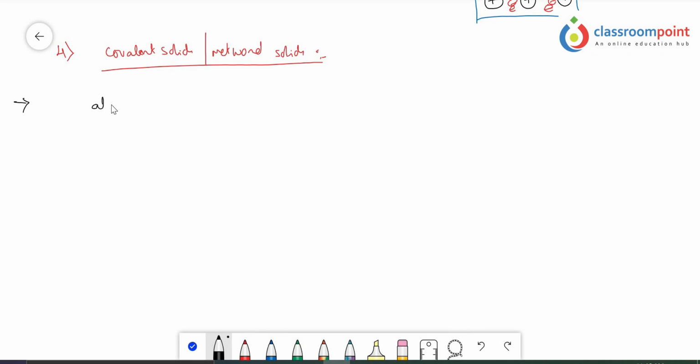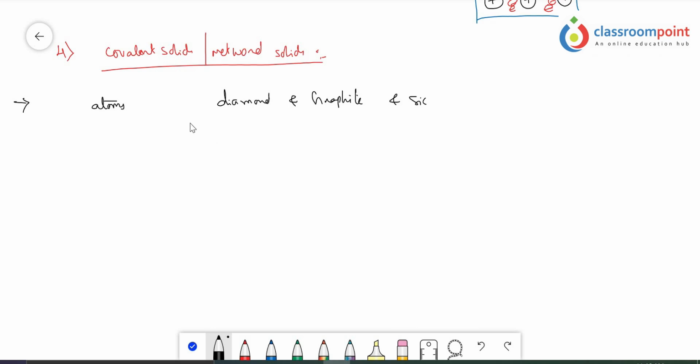These are formed only from atoms. The constituent particles in covalent solids are atoms. The best examples are diamond and graphite. We can also take silicon carbide, SiC. All these come under the category of covalent or network solids.